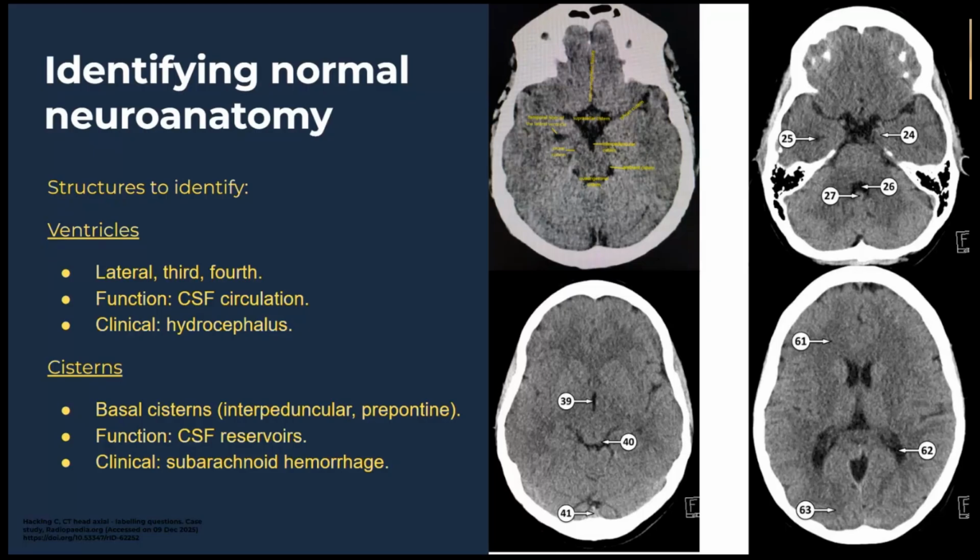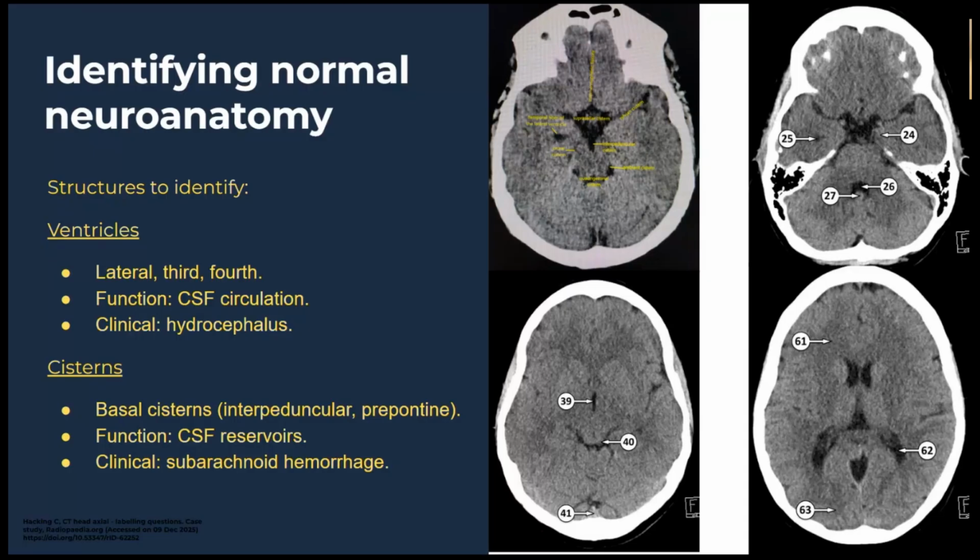So the ventricles and cisterns are important to identify when you're thinking about things like hemorrhage and hydrocephalus. So we've got the lateral, third, and fourth ventricles, and then just to go over the anatomy and the drainage again.